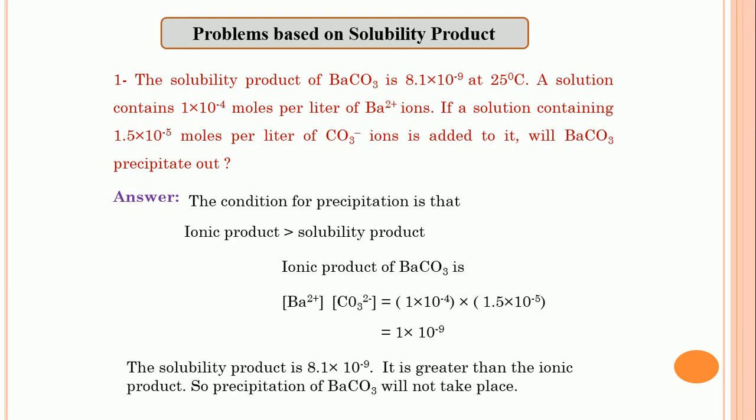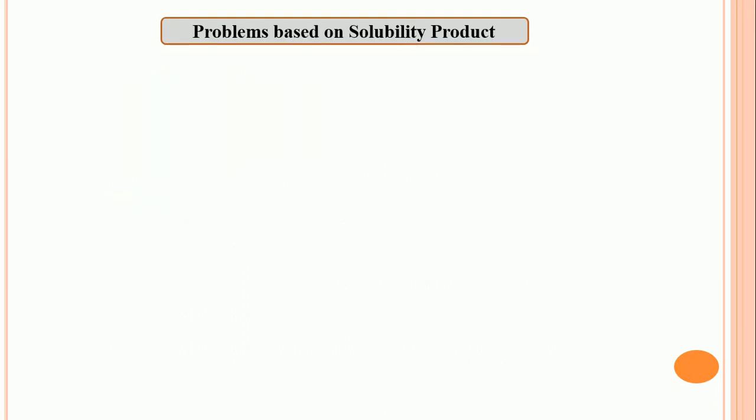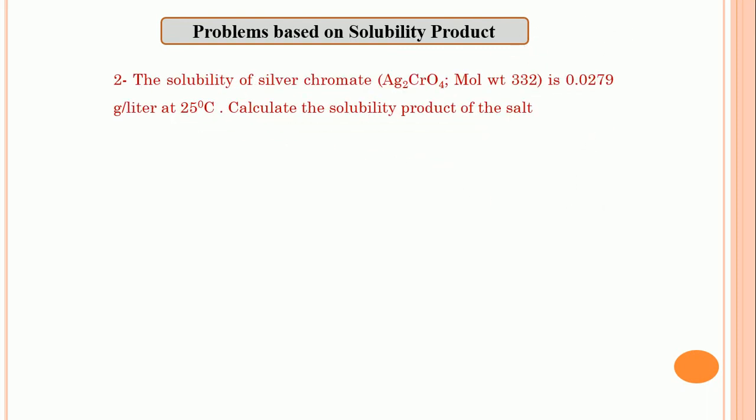Now we are going to explain the second numerical, which is simply based on the solubility product. The solubility of silver chromate is 0.0279 gram per liter at 25 degrees Celsius. Now calculate the solubility product of the salt.